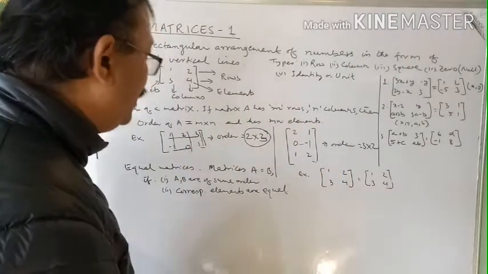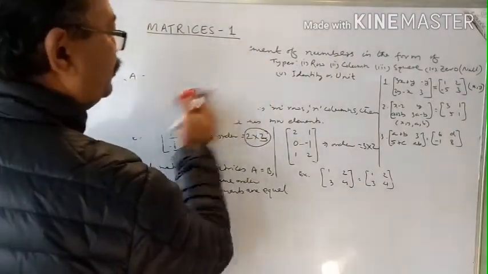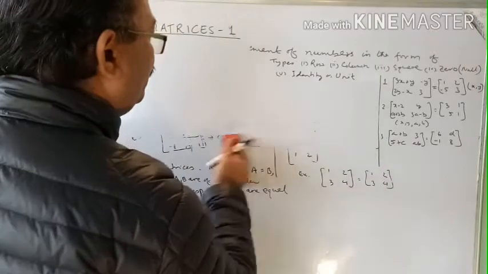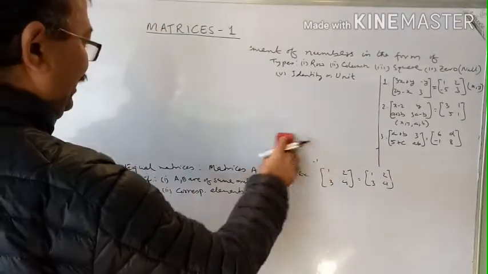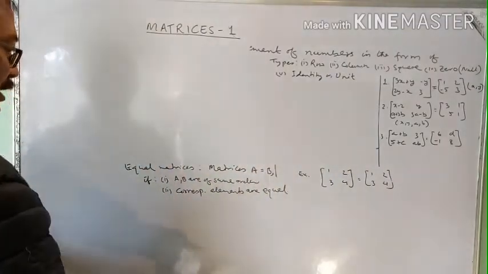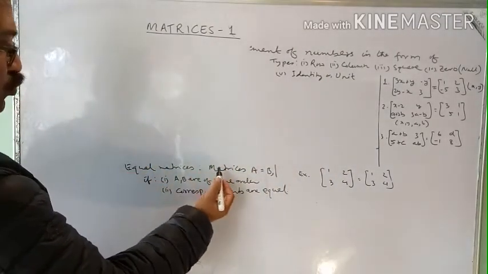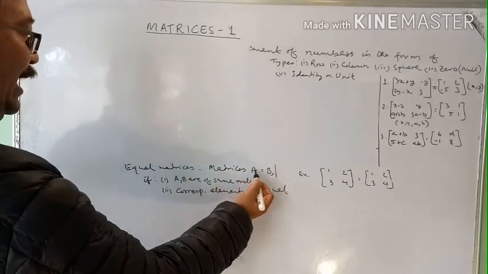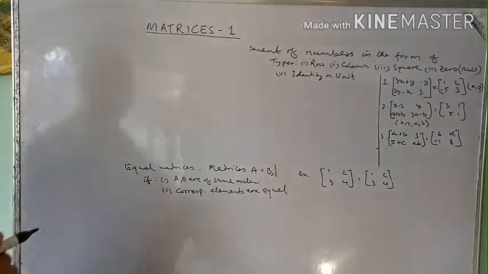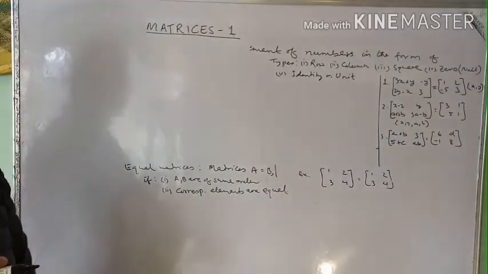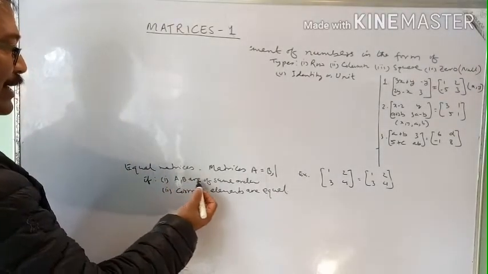Now we see equal matrices. What do we mean by equality of two matrices? When will two matrices be equal? Two matrices A and B will be equal if there are two conditions. The first condition is that A and B are of the same order.